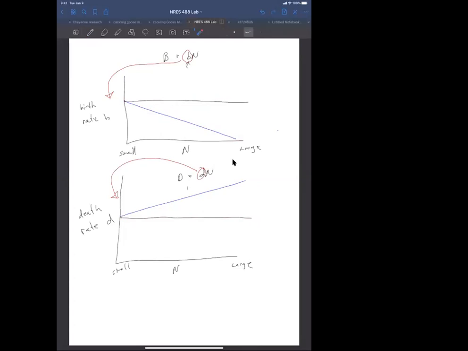This is the math behind how an exponential model goes to a logistic regression model. All we're doing is changing the birth rate and the death rate to be a straight line with a slope and an intercept, a non-zero slope for both birth and death. That's the connection between logistic regression and exponential regression.